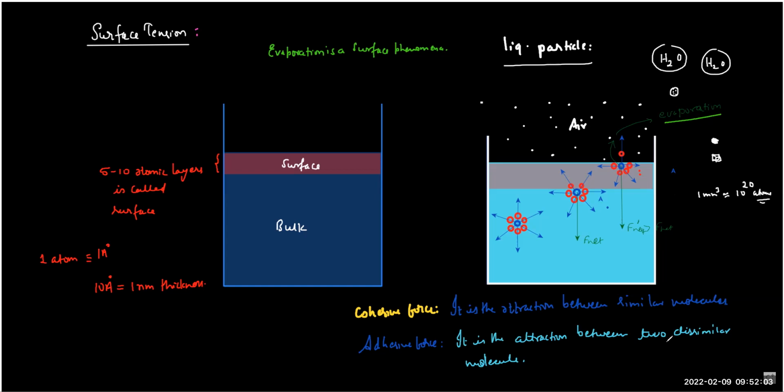So only the highest energy molecules leave the surface and become part of the atmosphere. This phenomenon we call evaporation. And now you know why evaporation is called a surface phenomenon. So bigger the surface, more the rate of evaporation. So next we can go on to discuss.